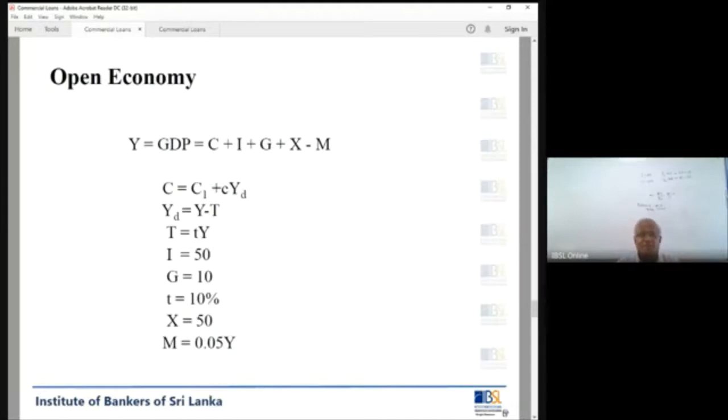If you have a simple phone, let's say 3,000, 4,000, 2,500, very basic phones, then when your income increases, you will go for smartphones: 30,000, 25,000, 35,000, 100,000. When income increases, demand for imports increases.